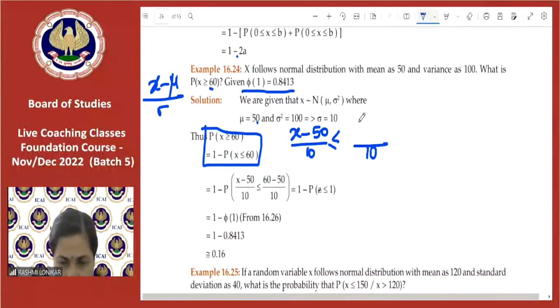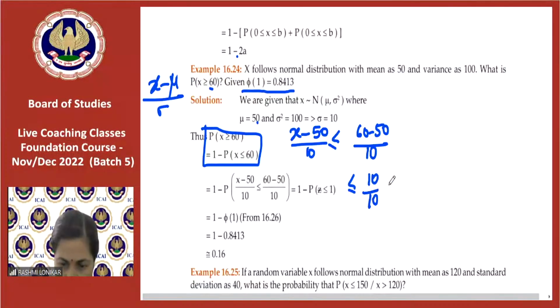So this will be (60 minus 50) upon 10. What is (60 minus 50) upon 10? 60 minus 50 is 10, upon 10. This is nothing but 1.